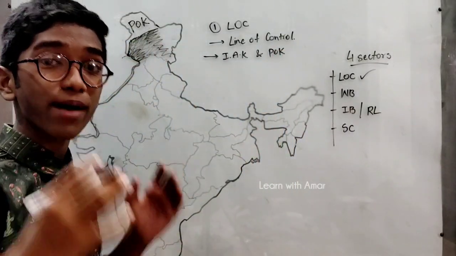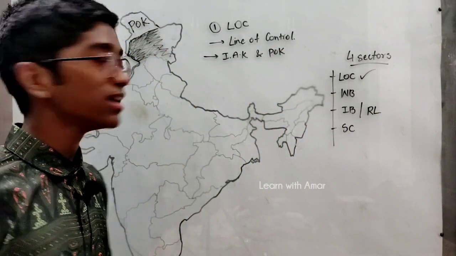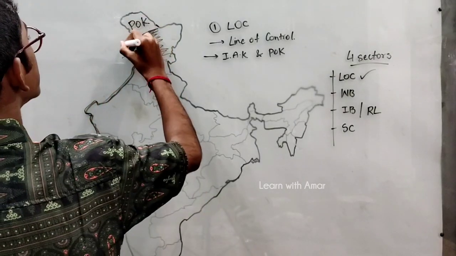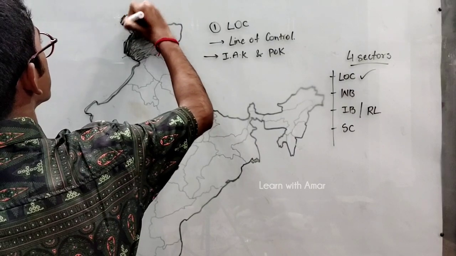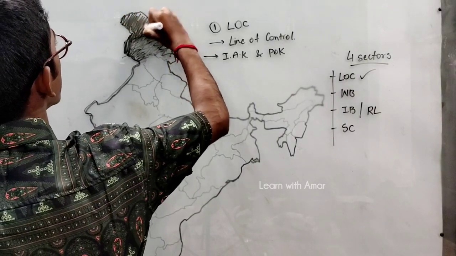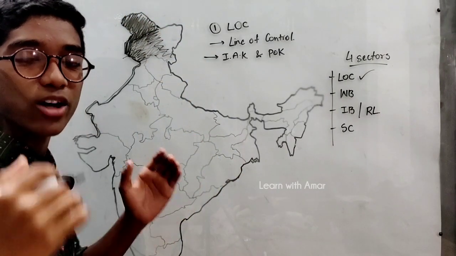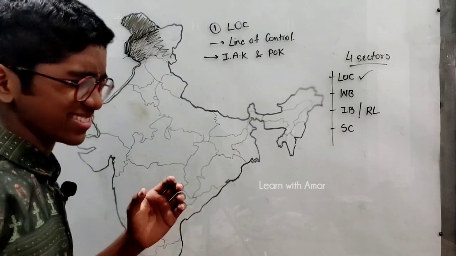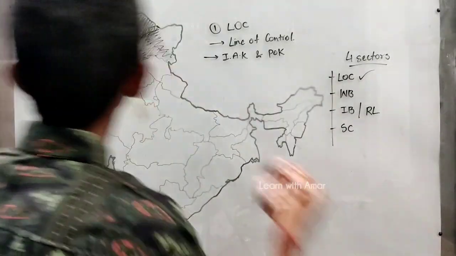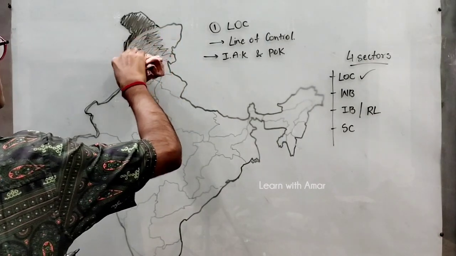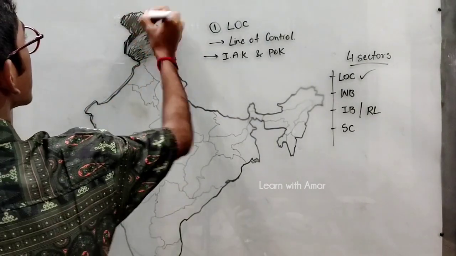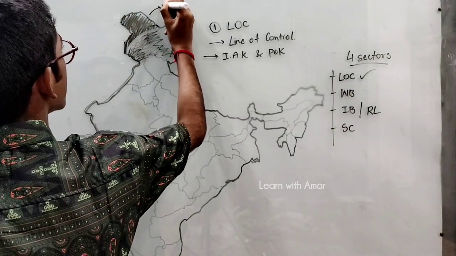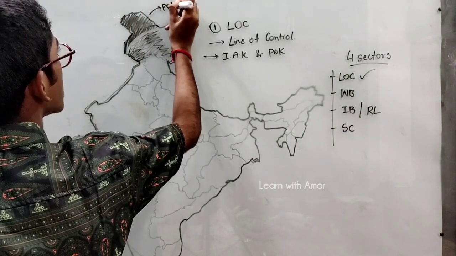POK is Pakistan occupied Kashmir. That means this whole region is illegally occupied by Pakistan. This is the border, if you think. It is called Pakistan occupied Kashmir.